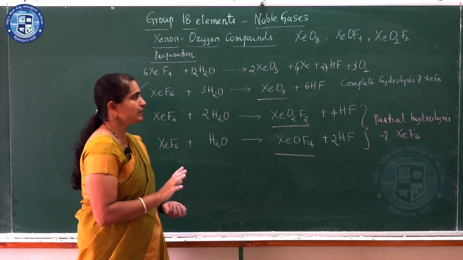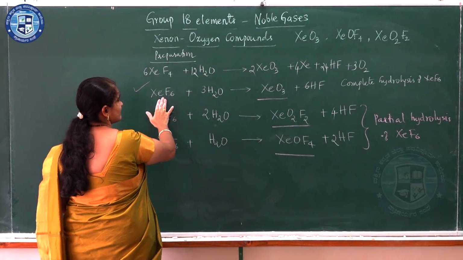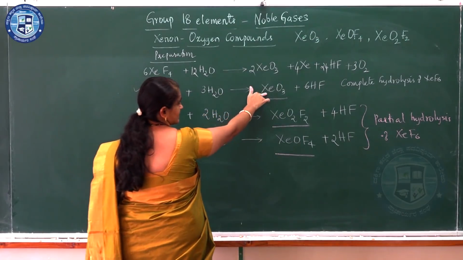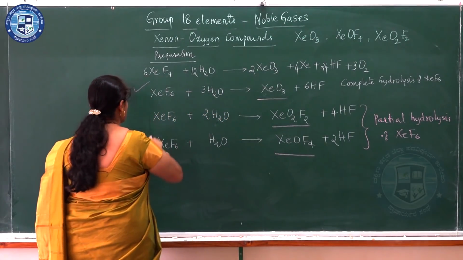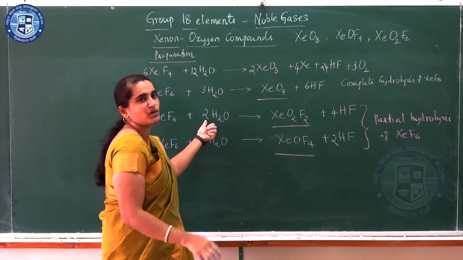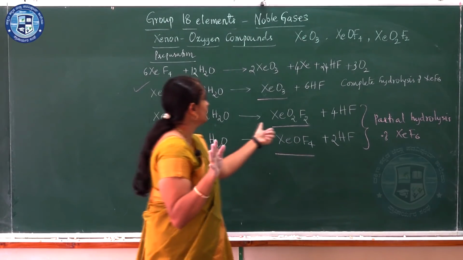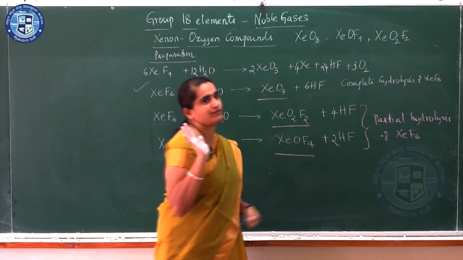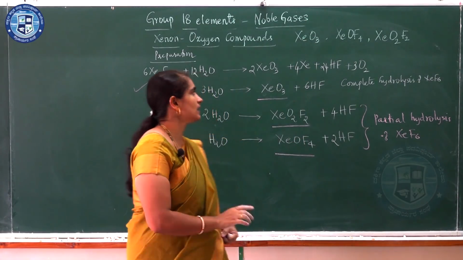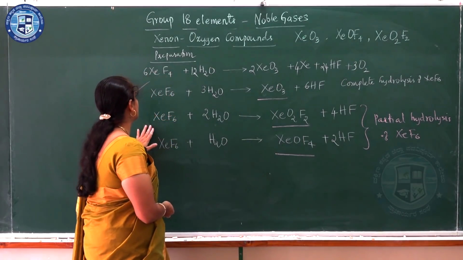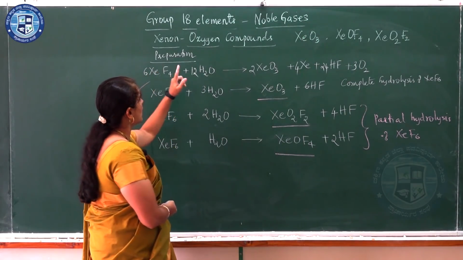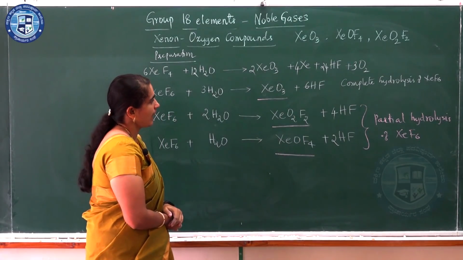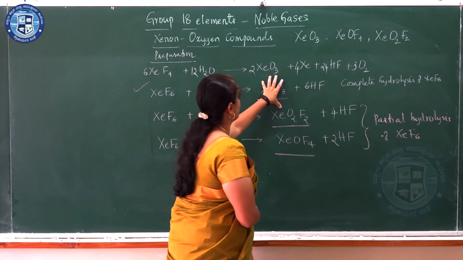Okay. Complete hydrolysis of xenon hexafluoride will end up with XeO3, while partial hydrolysis, depending on the number of molecules of water you take, we end up with XeO2F2 and XeOF4. So, these are the only methods of preparing xenon oxygen compounds. In that XeO3 is a bit important.